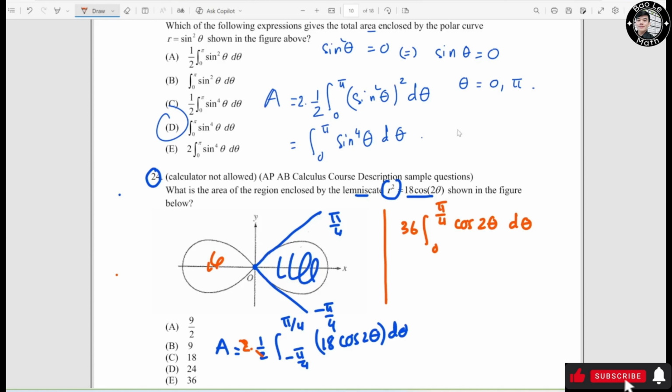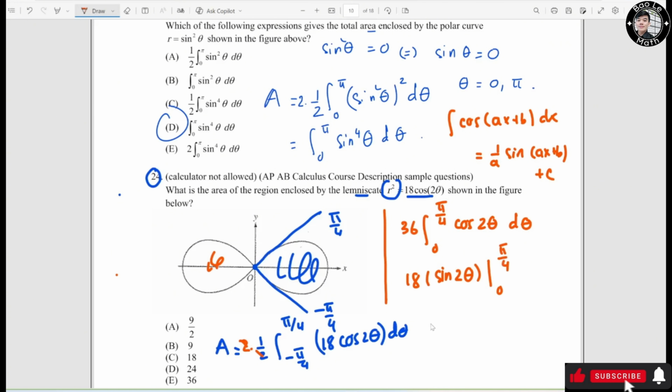Remember, the antiderivative of cosine of ax plus b dx is going to be 1 over a sine of ax plus b plus c. So keep that in mind. So 1 over 2: 36 divided by 2 is going to be 18, times sine of 2 theta, evaluated from 0 to pi over 4.